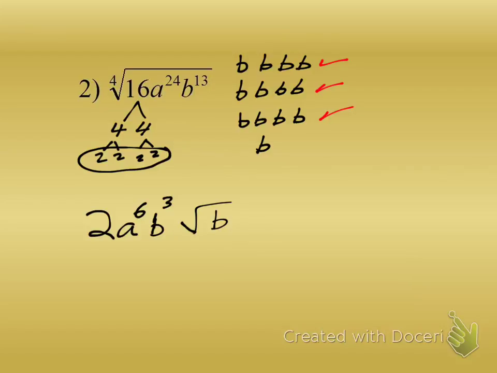Now, we're not quite done yet. We're missing one number. One thing. And it's super important. There's something missing in our answer that we need.